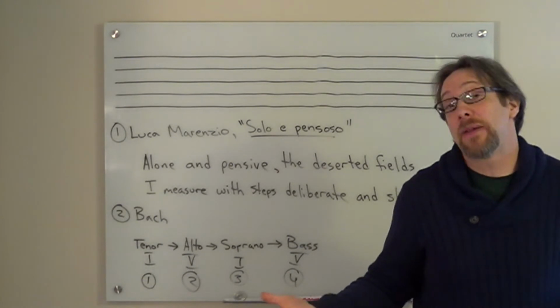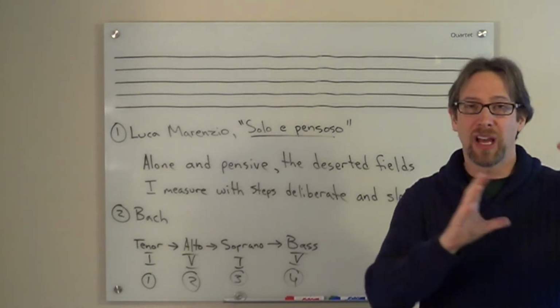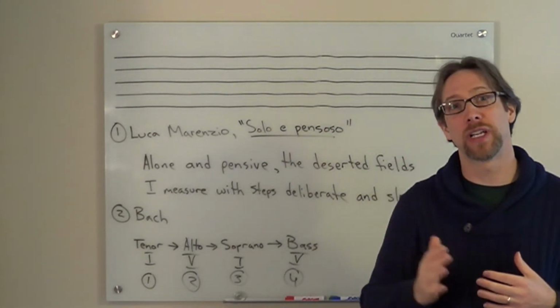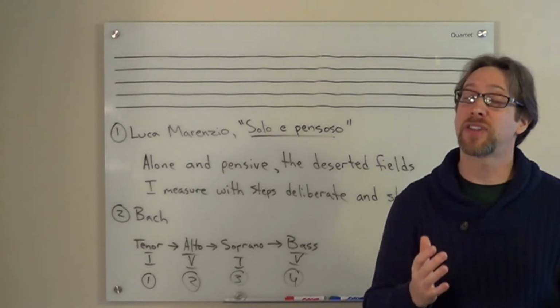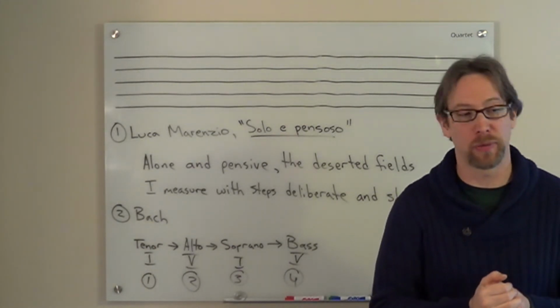That could get very boring, so they'll break out into duos, trios, smaller groupings within that larger 5 or 4 voice texture. So variety of texture is something that's very useful as a composer to experiment with.